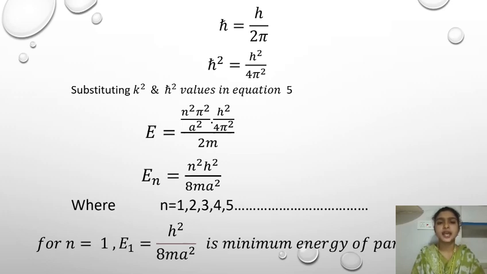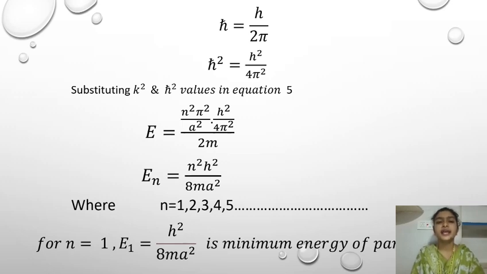Substituting k square and h cut square values in equation 5, we get E equals n square pi square by a square into h square by 4 pi square by 2m. E n equals n square h square by 8 m a square, where n equals 1, 2, 3, 4, etc.